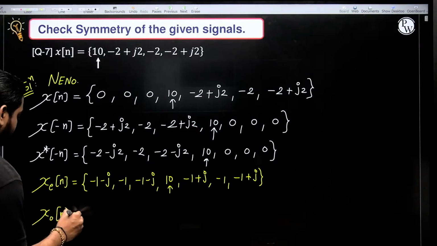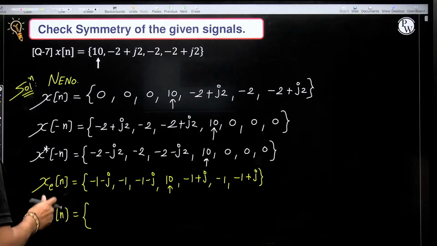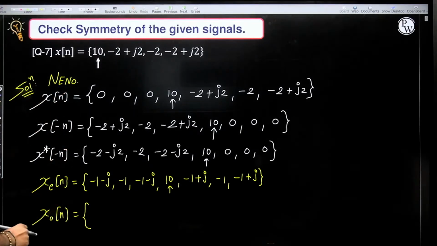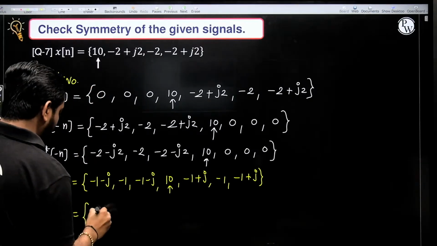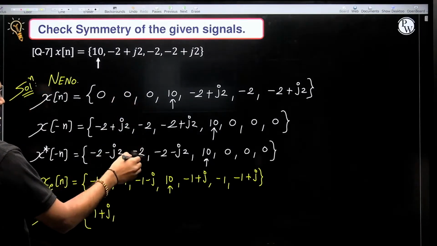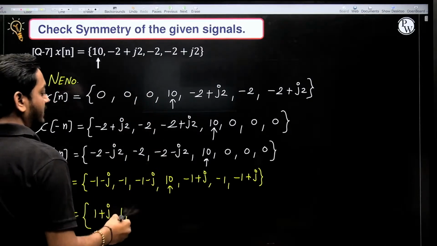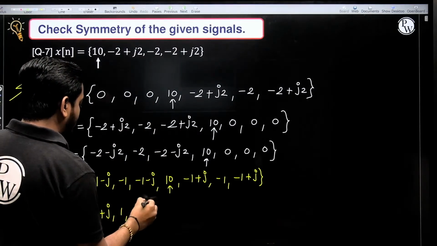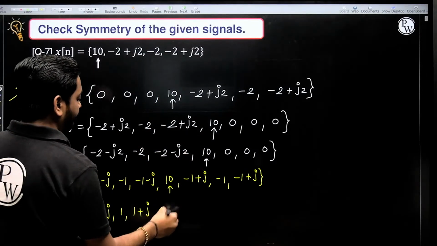How to find the conjugate odd part? Conjugate odd part is subtraction: x of n minus x conjugate of minus n divided by 2. So 0 minus this divided by 2, that is 1 plus j. 0 minus minus 2 divided by 2, that is 1. 0 minus this, 1 plus j. 10 minus 10, 0.